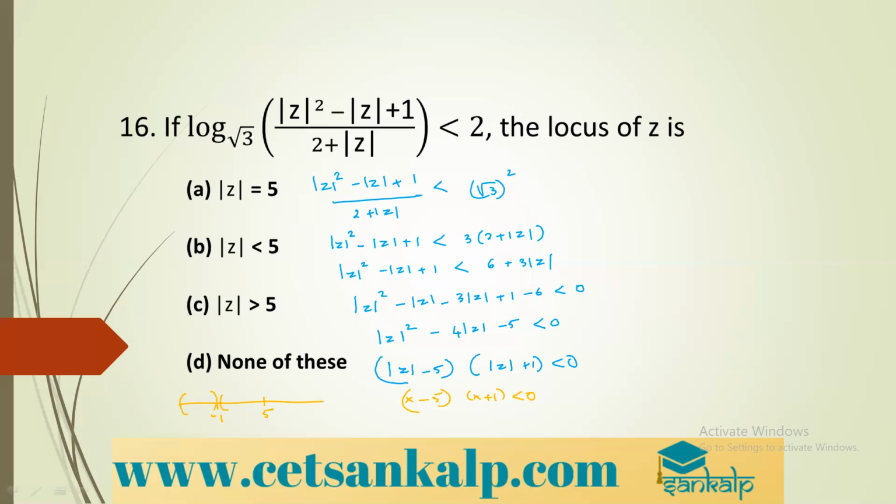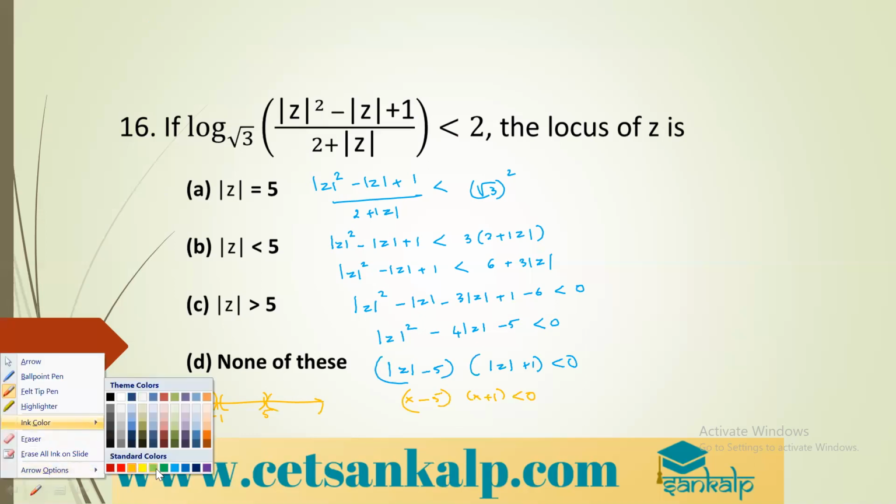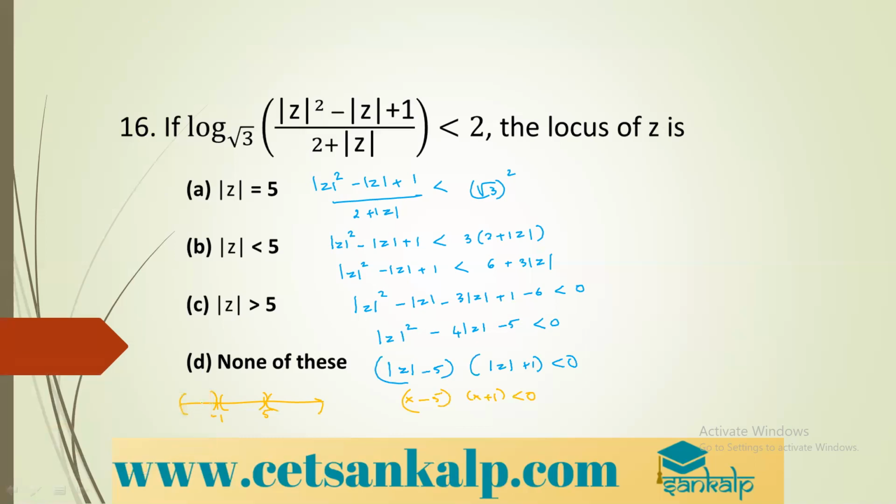I will make intervals. In each interval, randomly, I will pick up some numbers. Whatever numbers I want, I will pick up. From here, I will pick up minus 2. From here, I'll pick up 0. From here, I will pick up 6. And I will put in this inequality and see where I will get less than 0. If I put minus 2, what I will get?